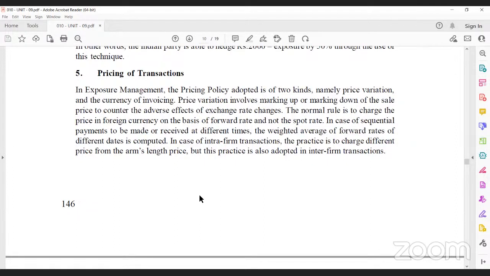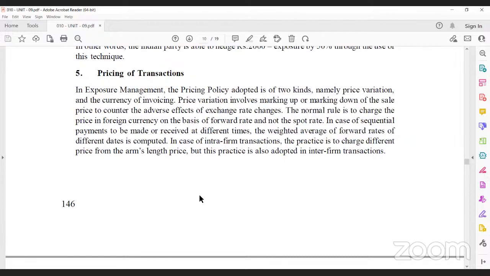The basic rule here is to charge price in foreign currency on the basis of forward rate and not at all on the spot rate. I repeat, the rule of thumb here is to charge the price in foreign currency on the basis of forward rate.